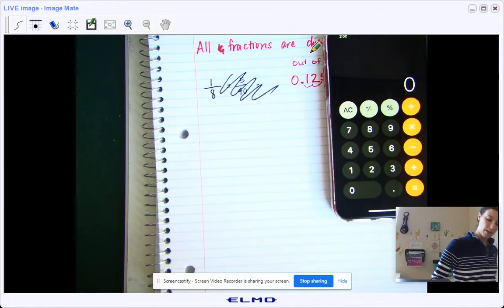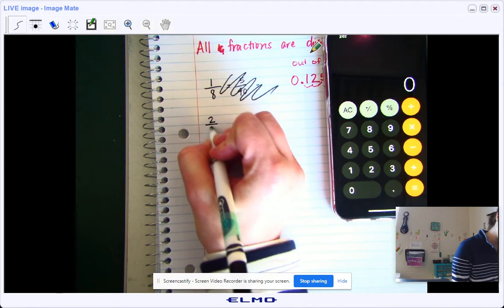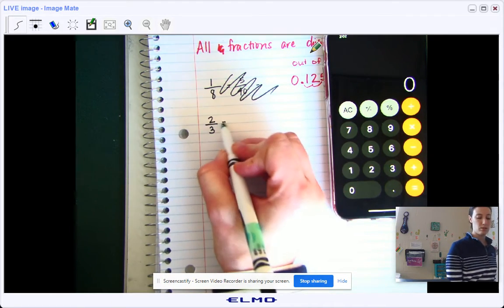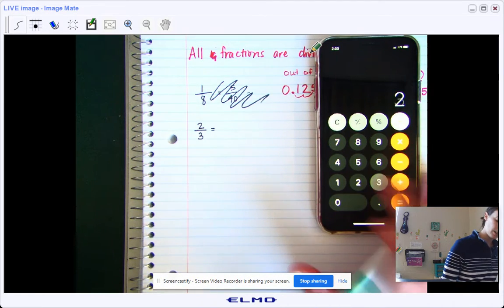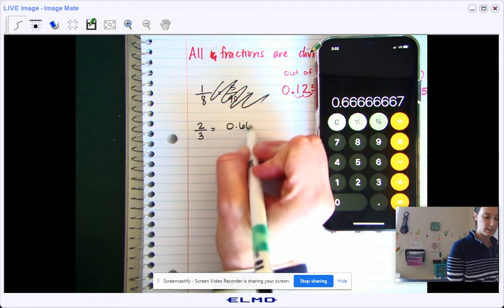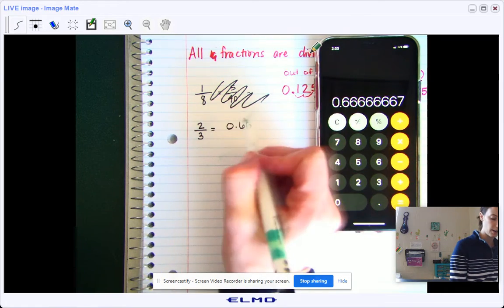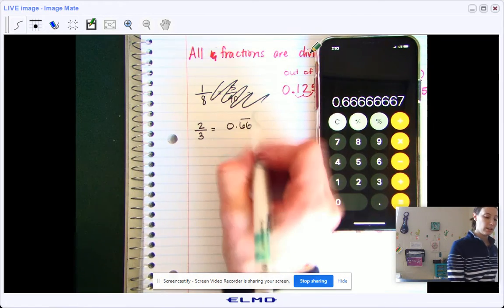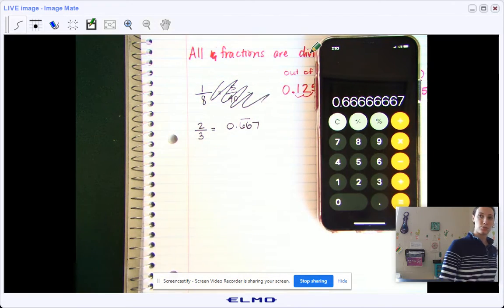All right, so let's try another one. Let's say we have 2/3 equals what? So I do 2 divided by 3 equals 0.66. See how it rounds off to 7? It's actually a repeating decimal that goes on forever as 0.666, but we round off whatever the last one is up because 6 is greater than 5.